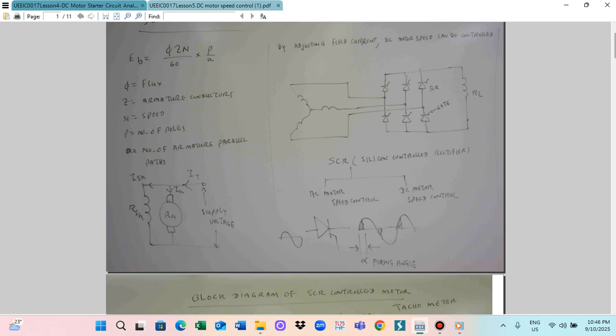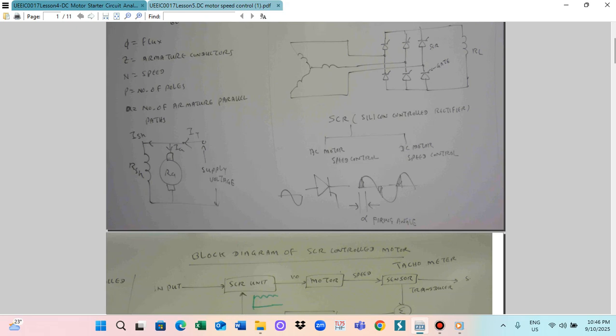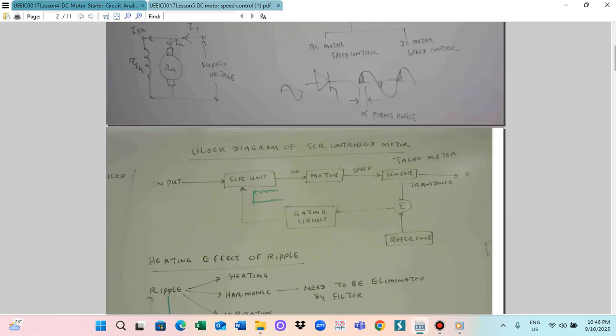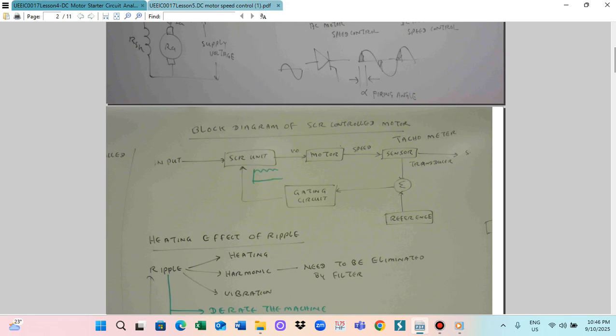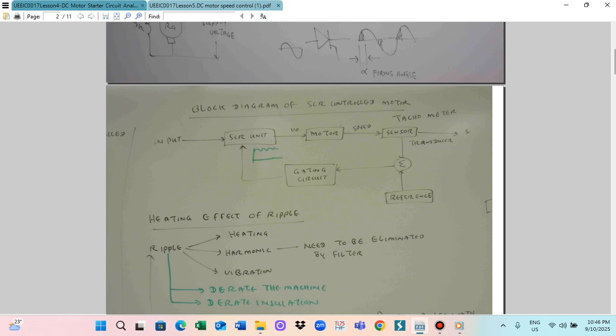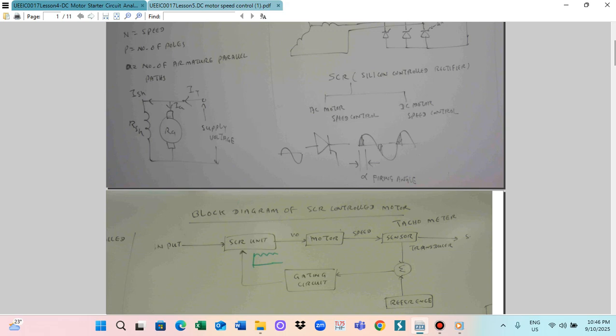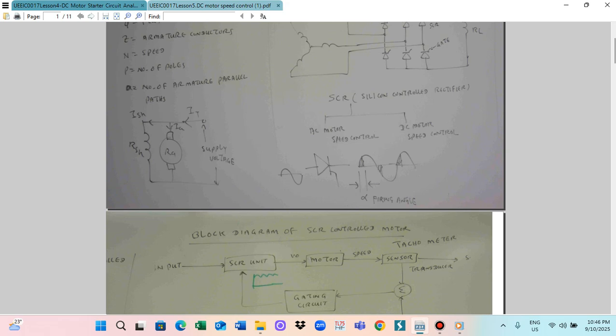This becomes the silicon controlled rectifier. We can utilize the silicon controlled rectifier for AC motor speed control, and also for DC motor speed control.